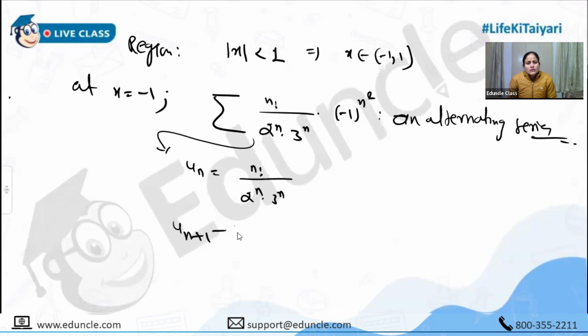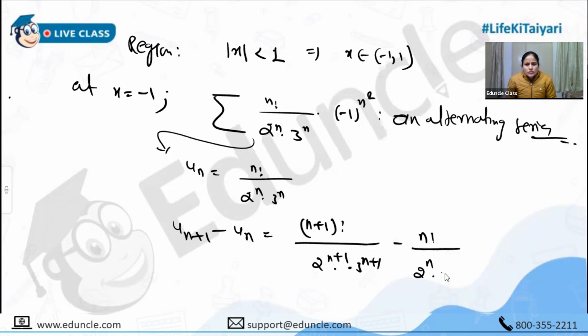Take u_{n+1} minus u_n, that is (n+1) factorial upon 2 raised to n+1 into 3 raised to n+1, minus n factorial upon 2 raised to n into 3 raised to n. So I can take this complete term outside, n factorial upon 2 raised to n into 3 raised to n.